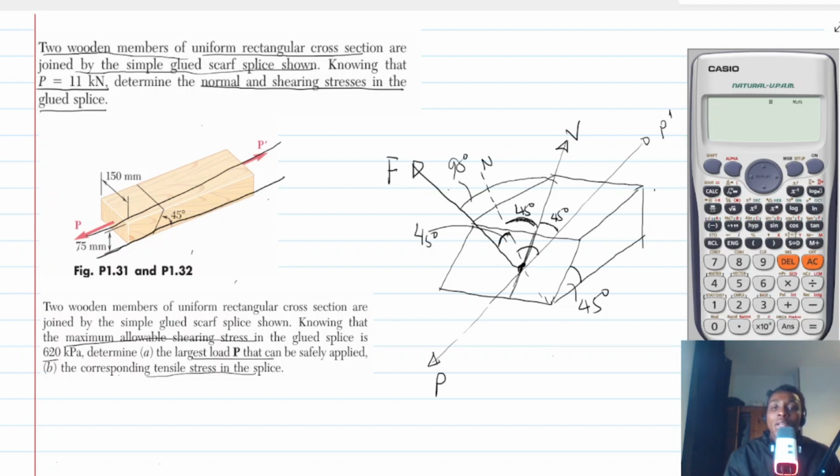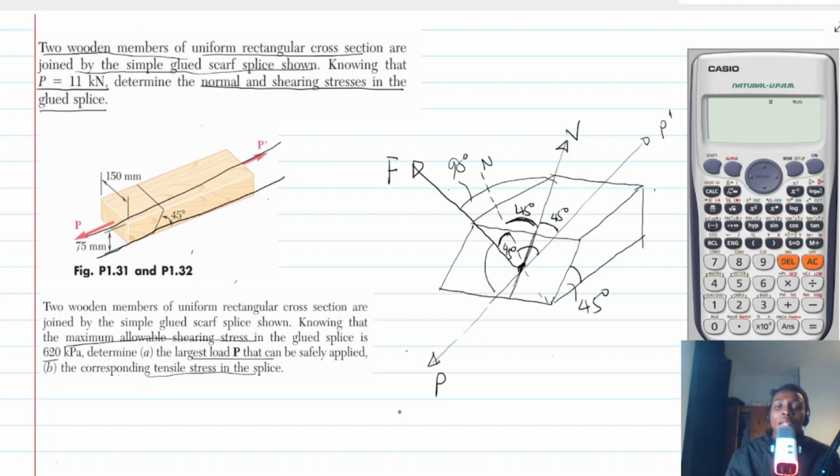Think about it again: from here to here is 45, here is 45, here is also 45. So what must be here?